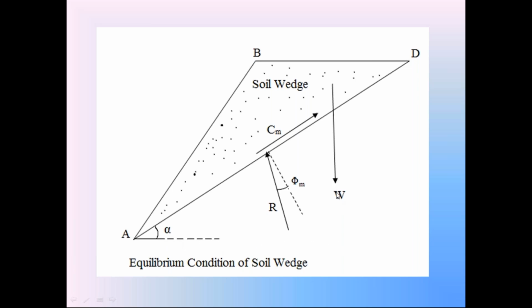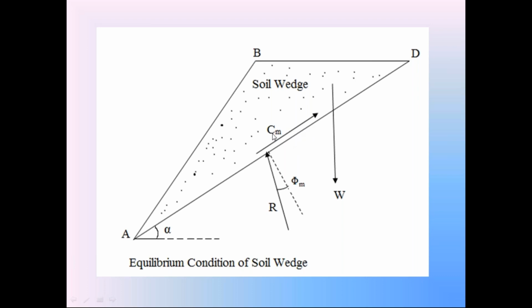Since the weight is vertical, it makes 90 degrees with the horizontal. So this third angle is 90 minus alpha. So the angle between the force Cm and the force W is 90 minus alpha.